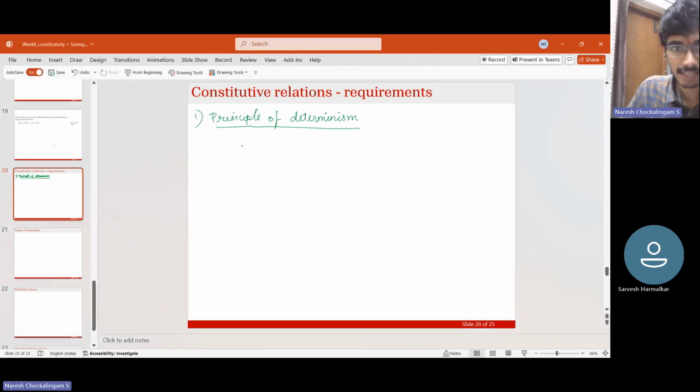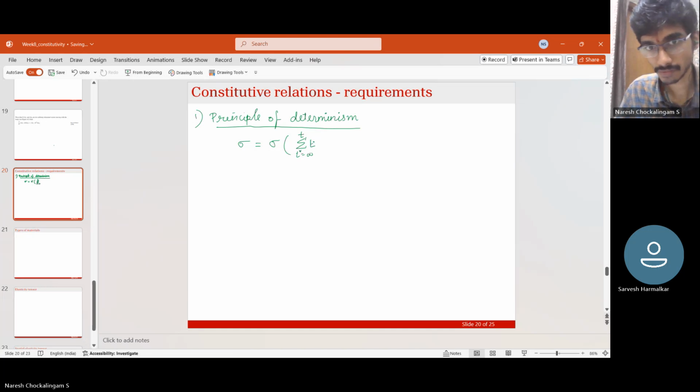For example, the stress at a given point in the material can only depend on the history of the strains.